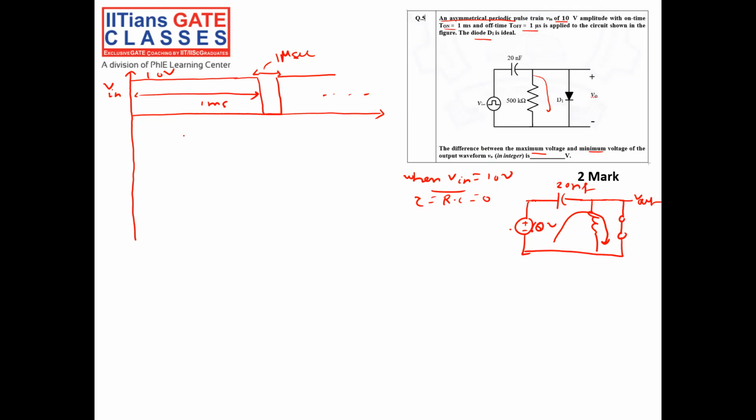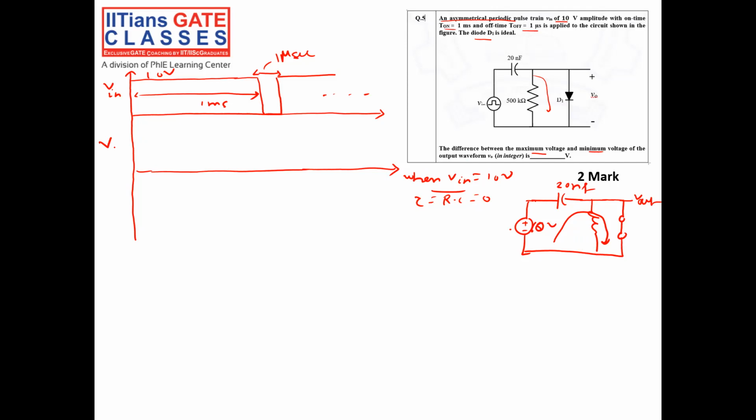If I draw the waveform at the capacitor, how will it be? When V in is 10 volt, it is charged through this diode, which is ideally a short circuit. Since the time constant is 0, it will charge instantaneously.